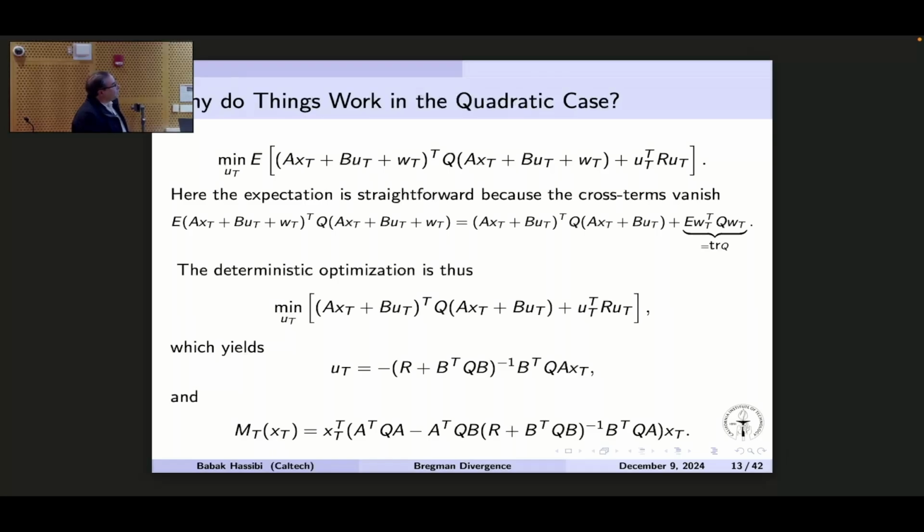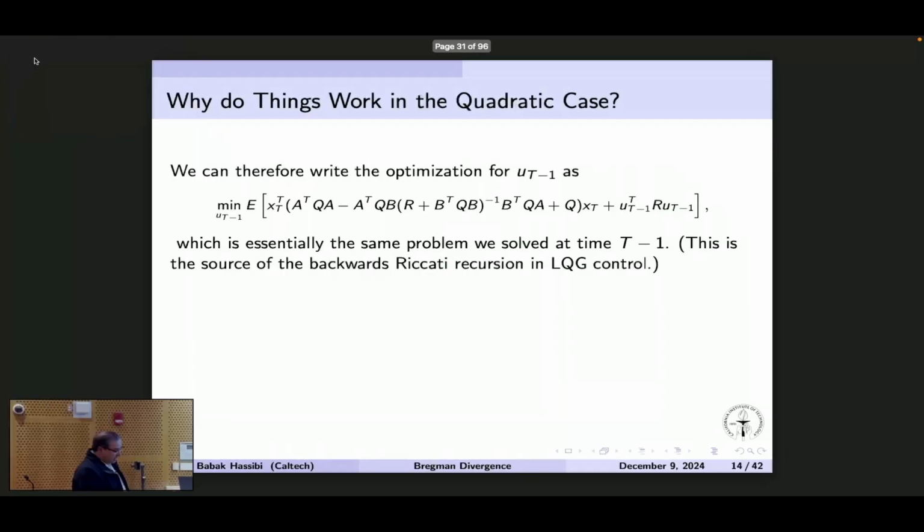The important thing is this cost to go is quadratic. It's a function of A and Q and all the parameters, but there's a center matrix sitting here. It's quadratic. And because that's the case, when I go to the next step, I just have to take this quadratic cost to go, add it to the quadratic Q here, which is the current cost, and then this is the cost on the state. So everything remains quadratic.